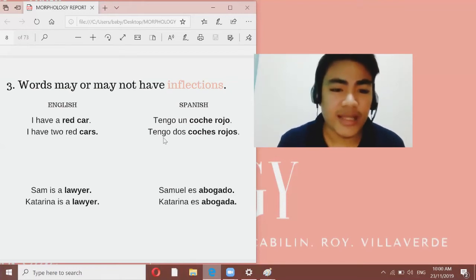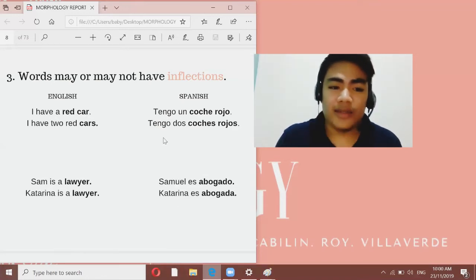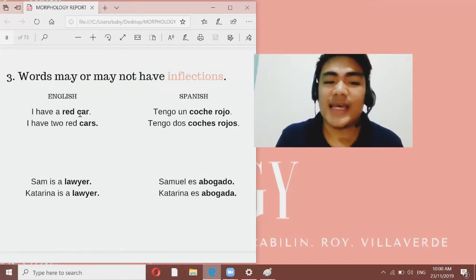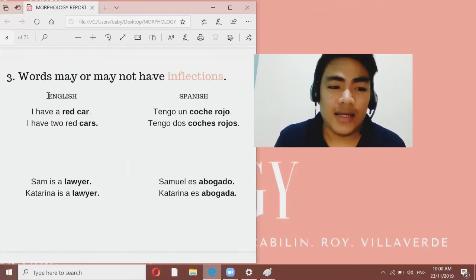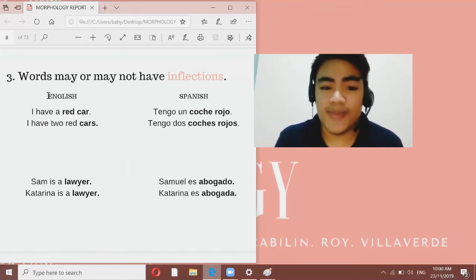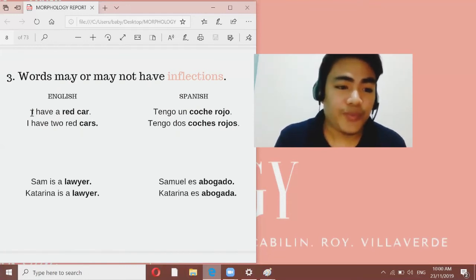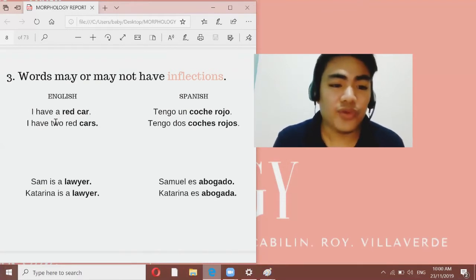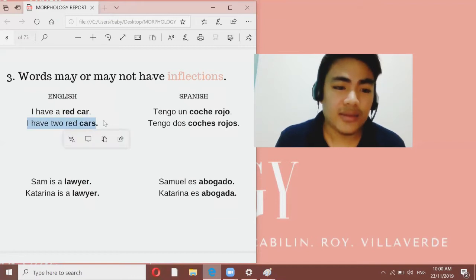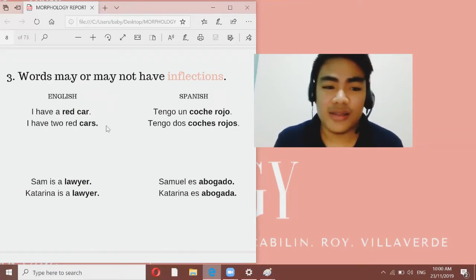To better understand, let's compare the following sets of sentences in English and in Spanish. So let me read. I have a red car and I have two red cars. Let's focus on the words car and cars.